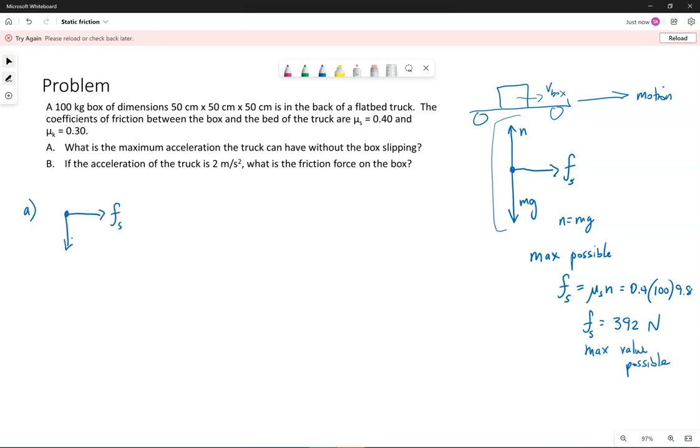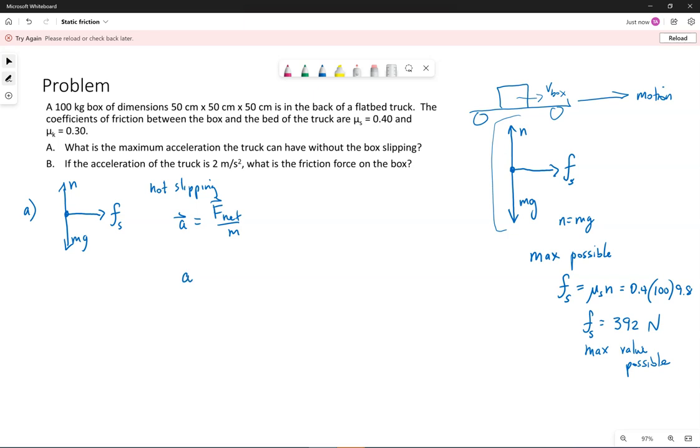I don't really need to redraw the free body diagram, but I know the acceleration of the box, as long as it's not slipping on the bed of the truck, will be the net force in the x direction divided by the mass.